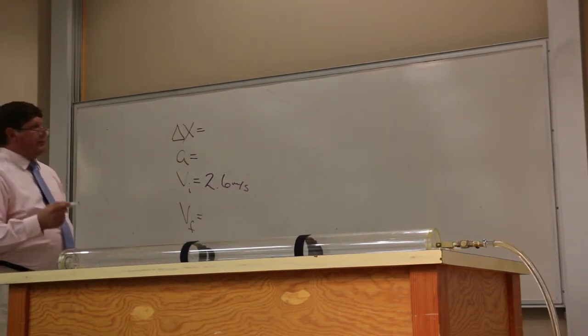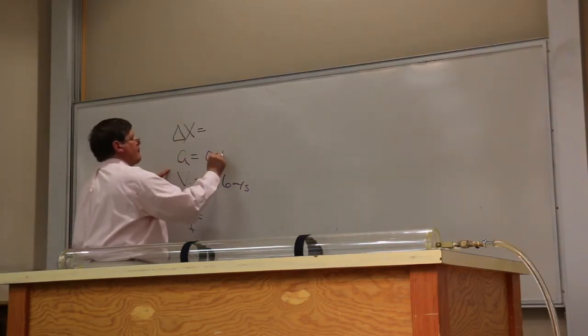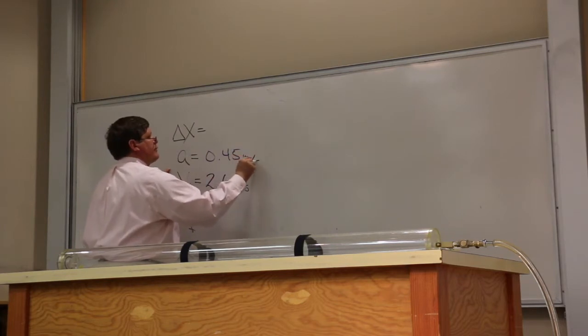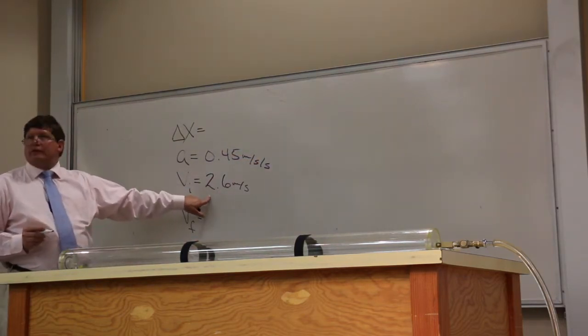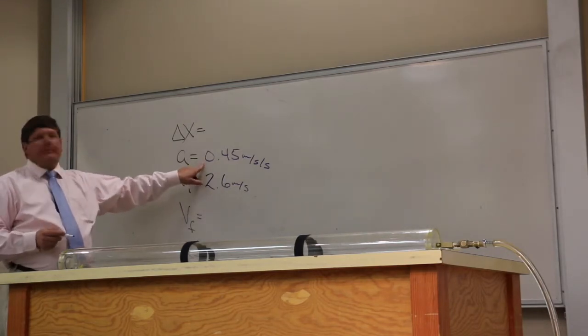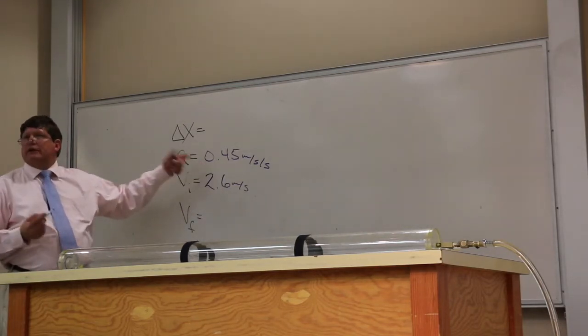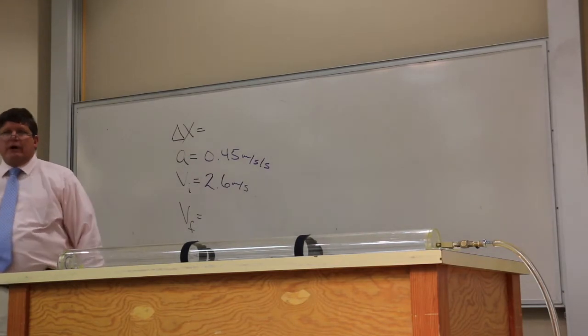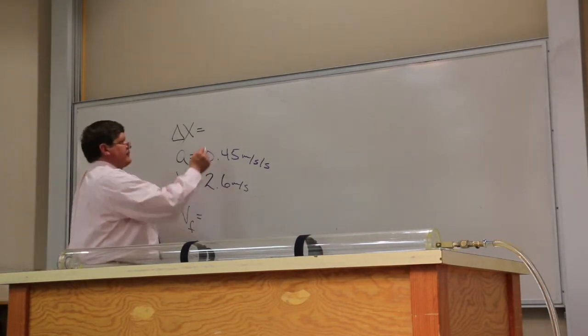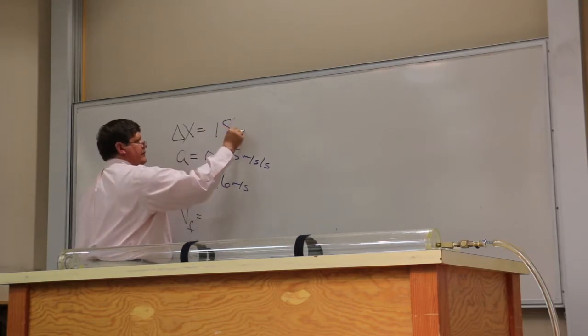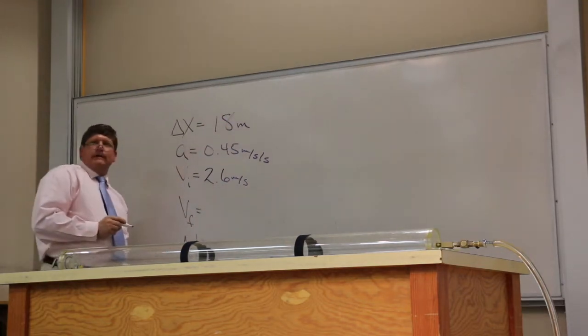He then speeds up with an acceleration of 0.45 meters per second every second, and if I call this a positive velocity, in order to speed up I have to have a positive acceleration. They have to be in the same direction. We are told that he has that acceleration for a distance of 18 meters.